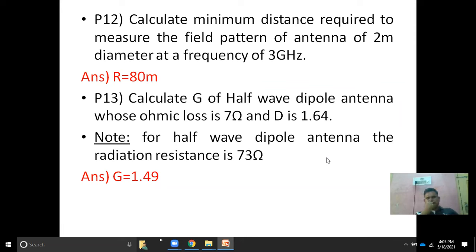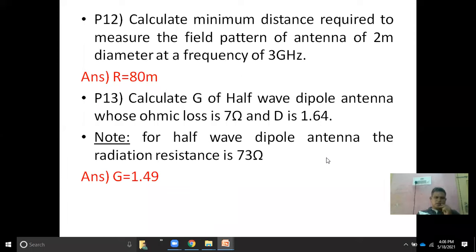At least give me a try. What is the relationship between frequency and wavelength? Shashwita? Lambda equal to C by F. Yes, C by F. What is C? Speed of the light, 3 into 10 to the power of 8 meters per second.